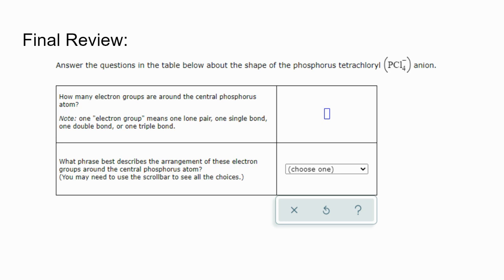Okay, so now how many electron groups are around our central atom? 5. Good. So 1, 2, 3, 4, 5. So let's put 5. And then if we have a central atom with 5 electron groups around it, what do we call that shape?